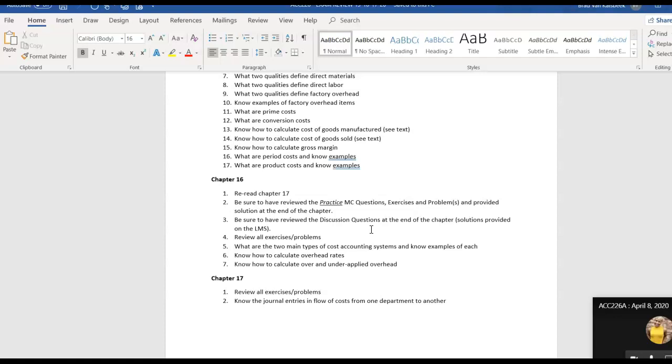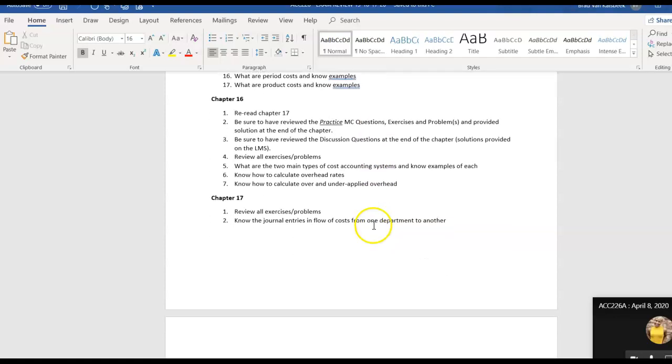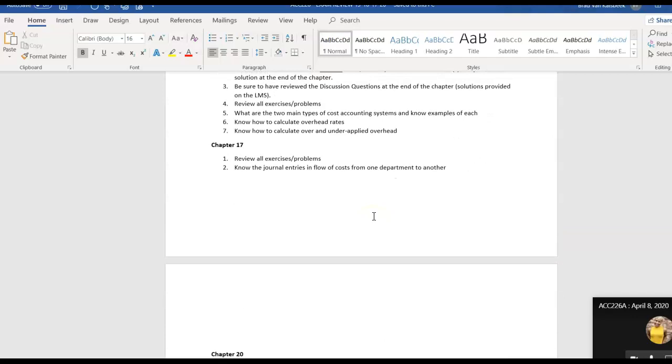Okay. With 17, again, I told you, you don't need to read the chapter. If you just look at the three exercises that we had, really all we're doing in 17, which is an extension of chapter 16, is showing how it's going from one area to the next.